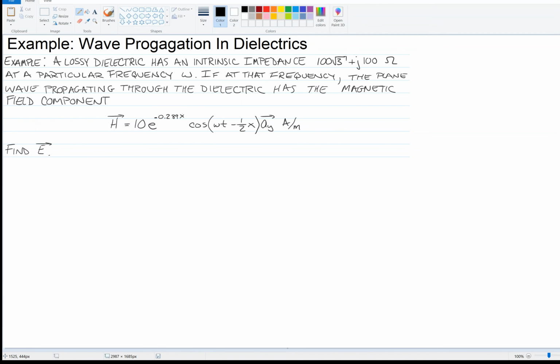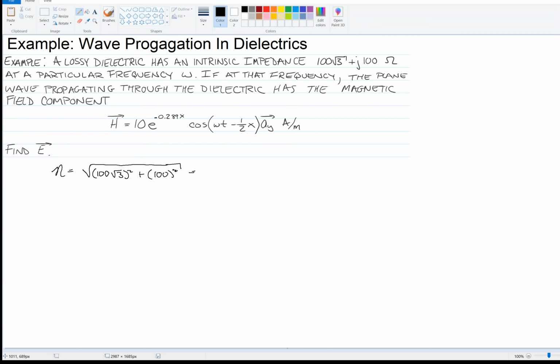First of all, the intrinsic impedance is going to change the magnitude and the phase of the electric field. We're given the intrinsic impedance in rectangular form, so let us first convert it to polar or exponential form. We first find the magnitude of this complex number by taking the square root of each component squared: 100 square root of 3 squared plus 100 squared.